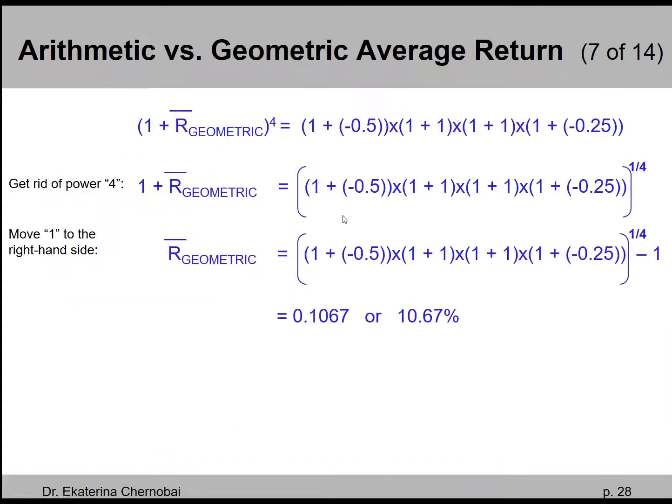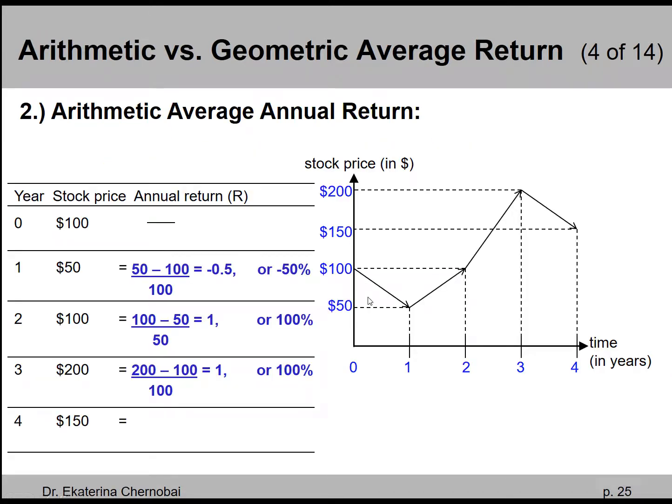Except if you go back a few slides, we had this very jumpy, bumpy road to go from the initial $100 a share to the final $150 per share, right? We basically smooth it out. We remove all these ups and downs, bumps, right?